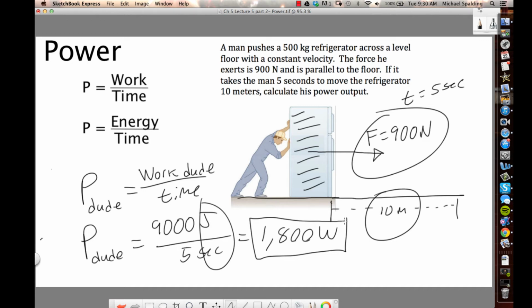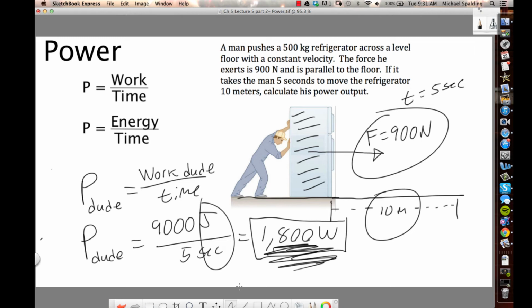So could this guy crank out 1,800 watts? Maybe, because he's only doing it for 5 seconds. Could he maintain that for 5 minutes? No. I'm not totally positive if that's realistic or not, but it could be.